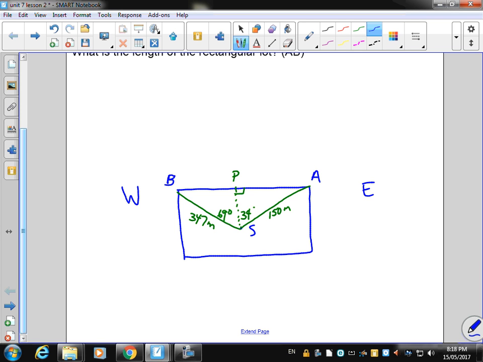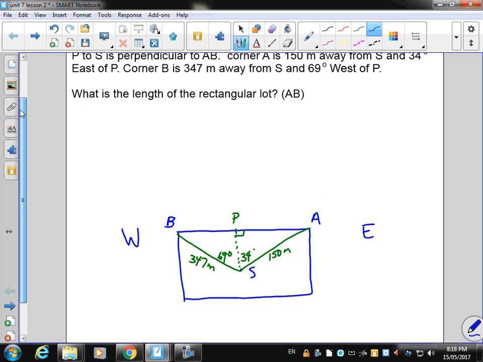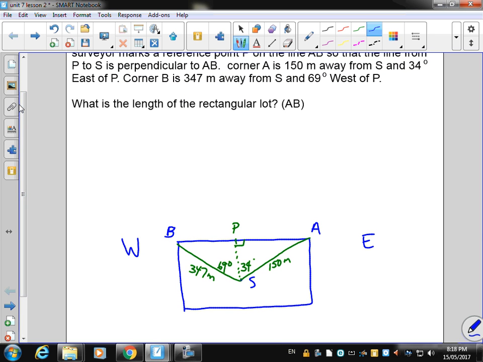Notice that it is not to scale. My 347 should be much longer than my 150, but I didn't really know where Buddy was standing till I got started drawing it. I want to know the length of AB. So this is what I'm required to find from this point to this point. I would like to know that distance.